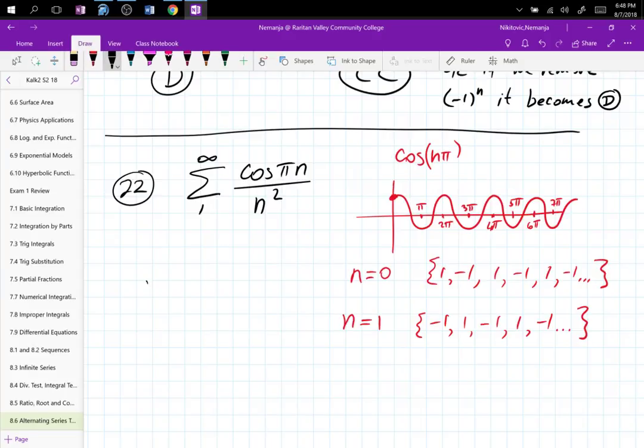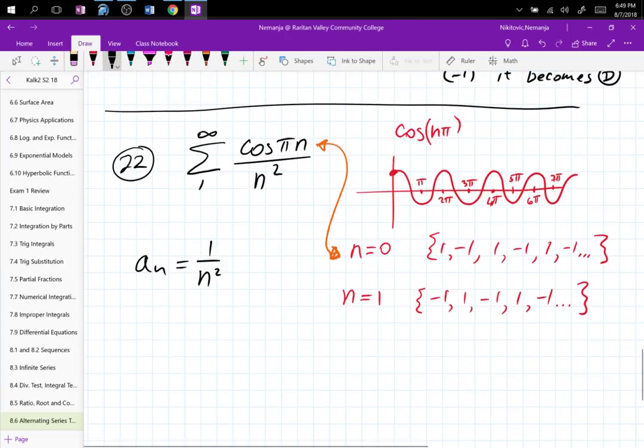I have that my a_n is simply 1 over n squared, because the cosine n pi is that alternating (-1)^n piece, so I don't have to worry about it. I'm going to put this arrow going two ways and say that's the same thing. So all I have to consider is what happens with 1 over n squared.